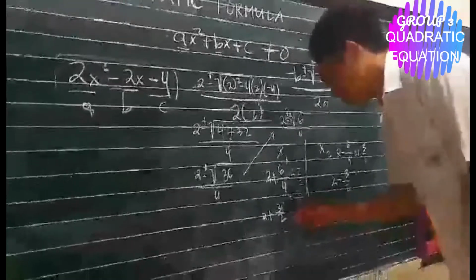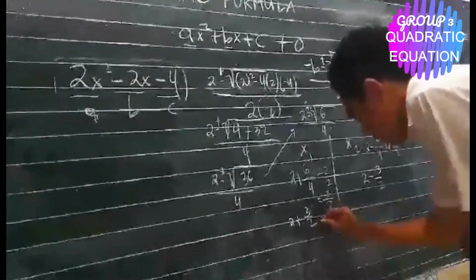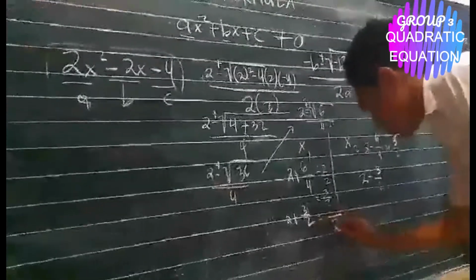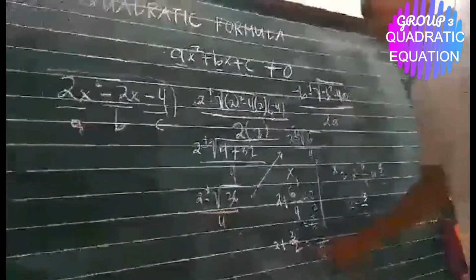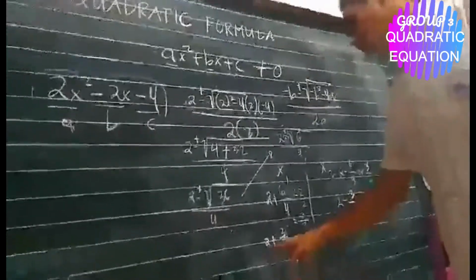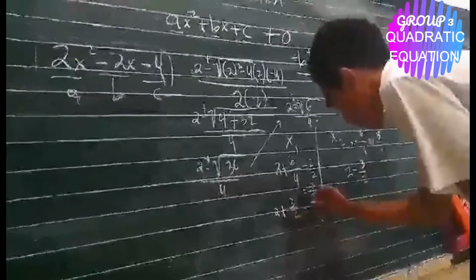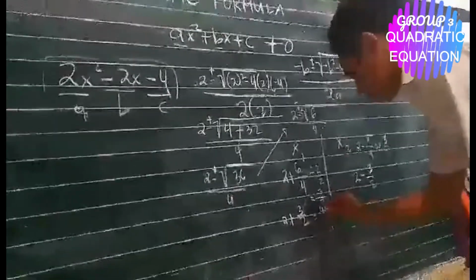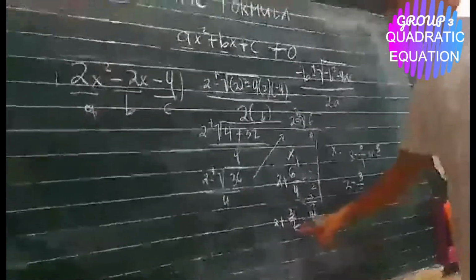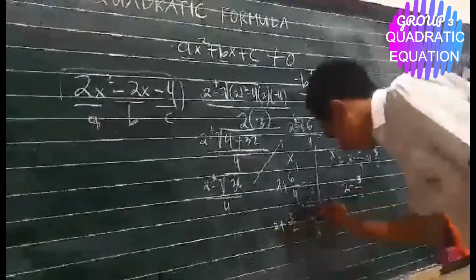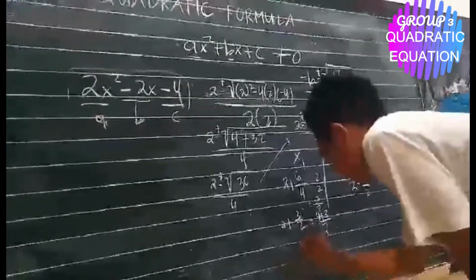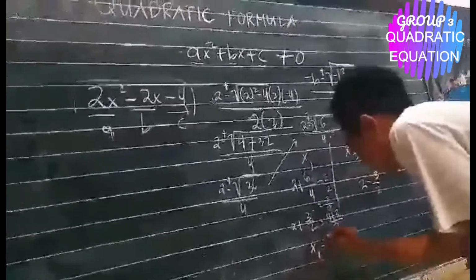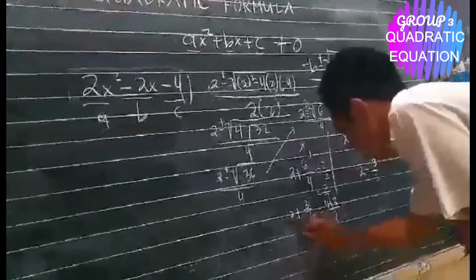Going back to x sub 1, our LCD is 2. 2 divided by 1 equals 2 times 2 equals 4. Plus 2 divided by 2 equals 1 times 3 equals 3. So our x sub 1 is 7 over 2.